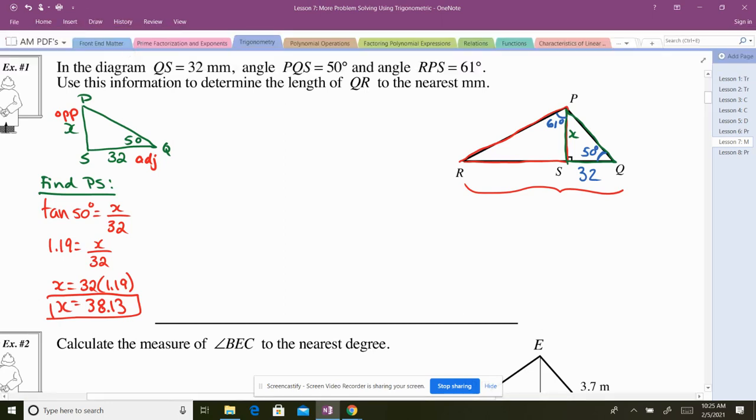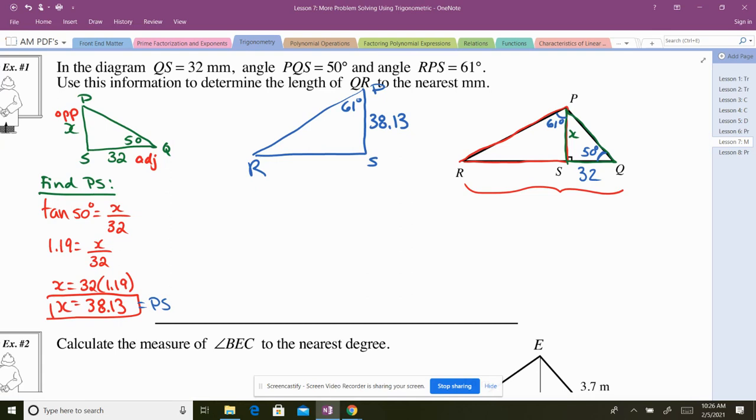I'm going to redraw PSR right here. There's P, there's S, there's R. So that's 61. And I now know, since this is PS, that it is 38.13. Is that okay?